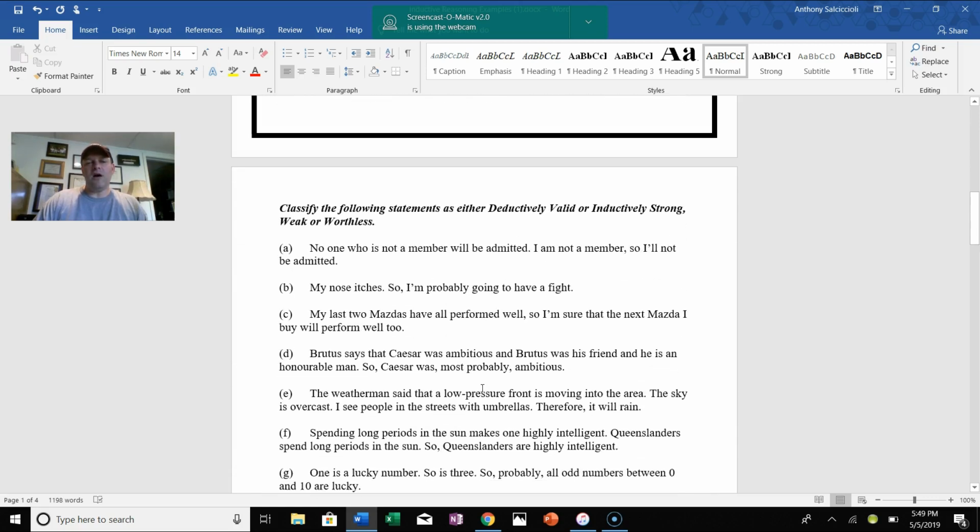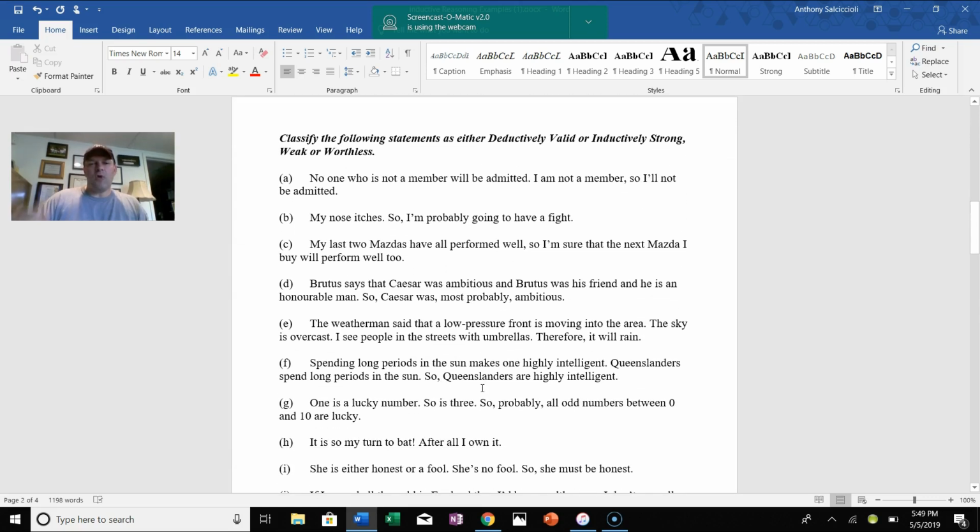And then looking at arguments here, or claims, there are deductively valid arguments, inductively strong arguments, weak arguments, or worthless arguments. I'm just going to take a couple. Let's start with, this one strikes me as valid, E. The weatherman said that a low pressure front is moving into the area.